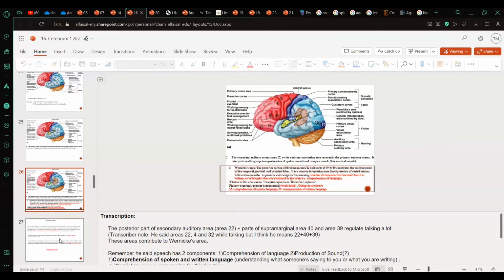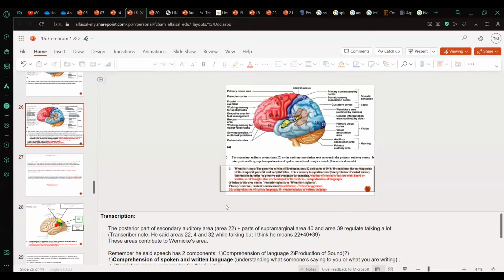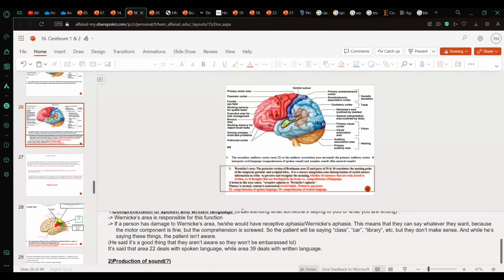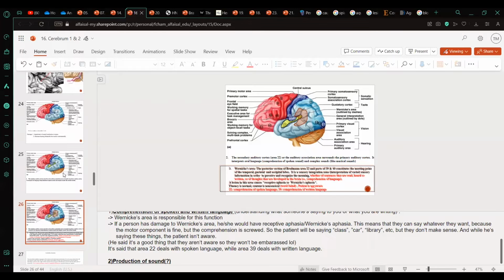On the non-dominant side, it produces hemi-neglect. But okay, so someone's saying that in the slides, hemi-neglect syndrome is parietal, which is also fair.